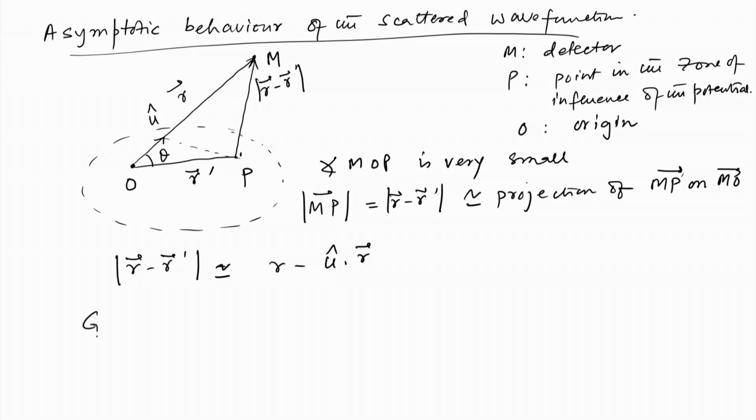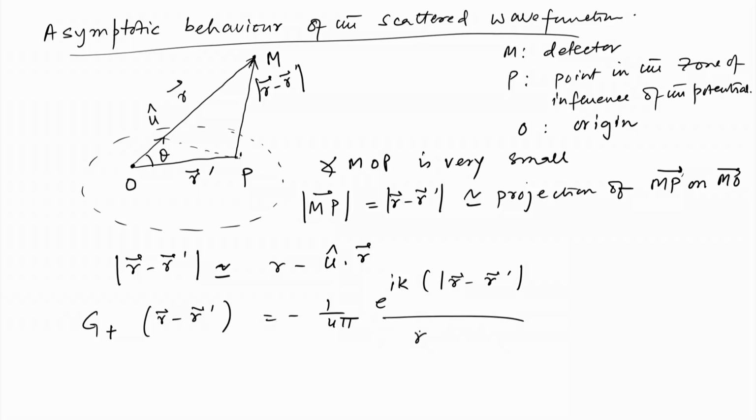So, the G plus corresponding to the plus sign of the spherical wave, at R minus R prime, is equal to minus 1 over 4 pi exponential i k times the modulus of R minus R prime divided by the modulus of R minus R prime.